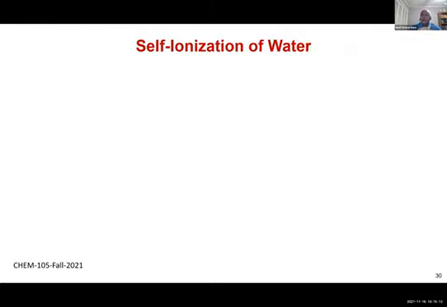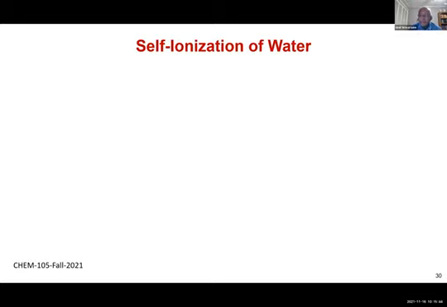Now we're going to talk about self-ionization to describe the pH of water solutions, aqueous solution. pH is based on hydronium ion concentration, and pOH is based on hydroxide ion concentration in water.